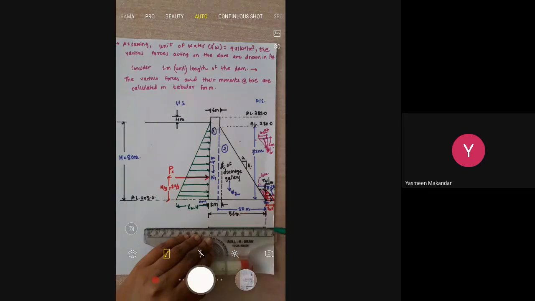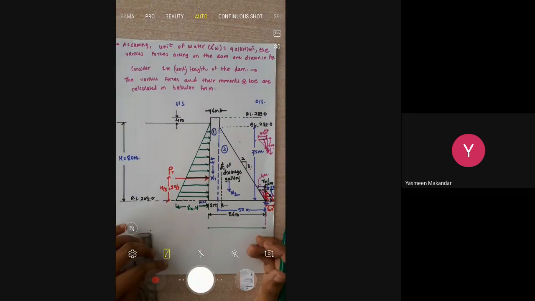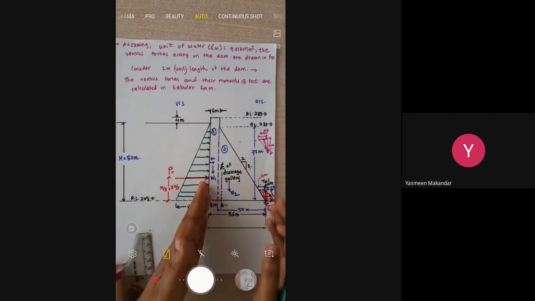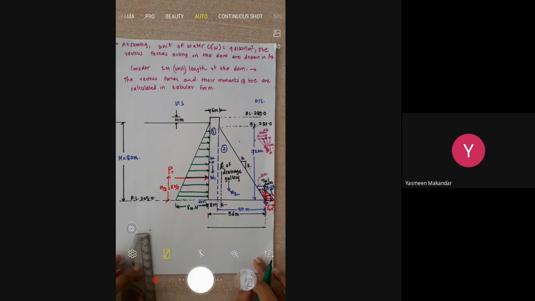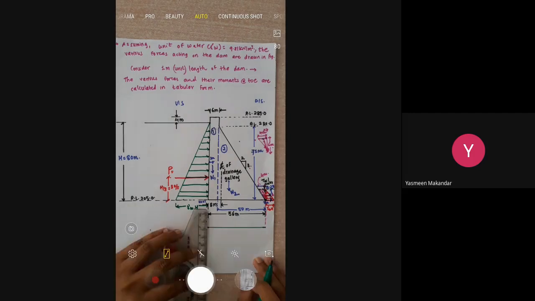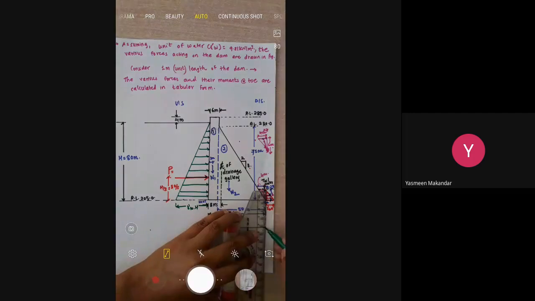No doubt at these two faces, that is at the heel and at the toe, we have to take the uplift pressure intensities at the respective faces. So what is the modification in the case of a drainage gallery provided, that you have to tell me, right?